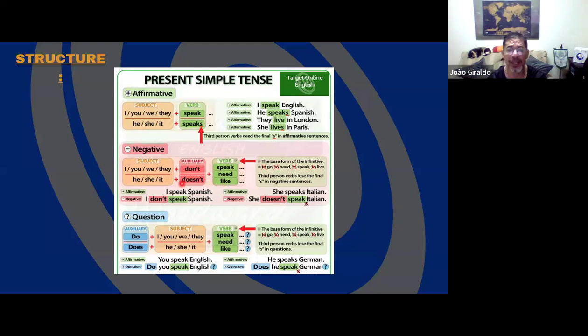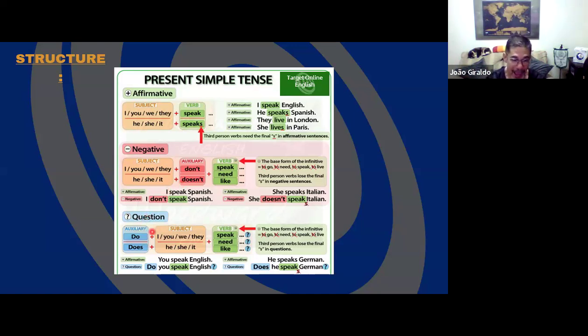And the interrogative, does he like? So no S. She studies. In negative, she doesn't study. Interrogative, does she study? Okay, so the verb variation only in affirmative.